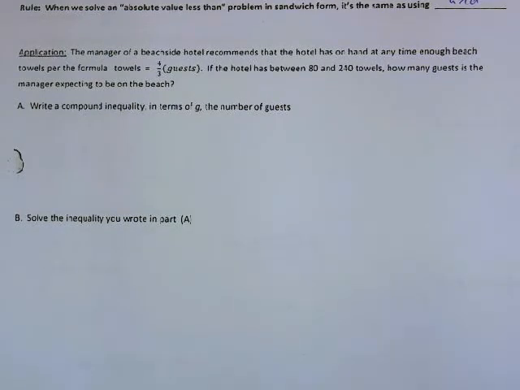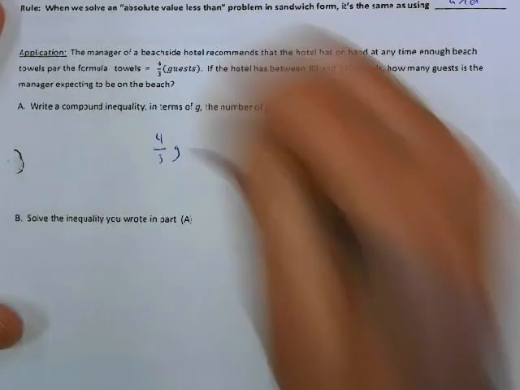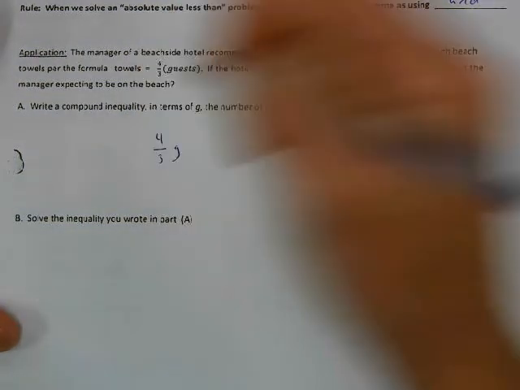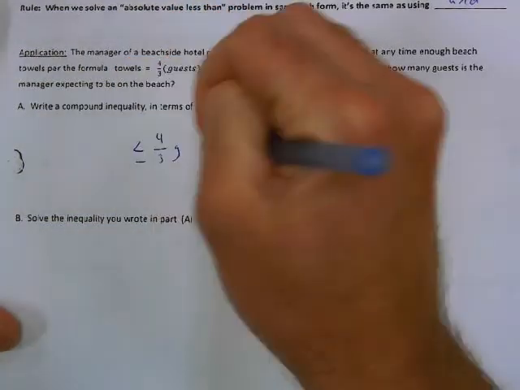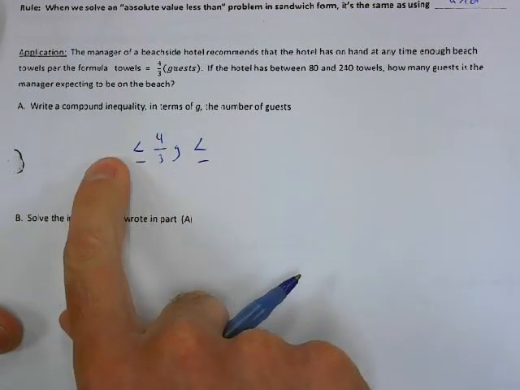All right. So what's our compound inequality going to look like? Well, how many guests do we have? We have 4/3 the guests as we do towels. So we want 4/3 G in there because again, we have 4/3 the number of guests. How are we going to write that in a compound inequality? Well, it's got to be less than or equal to some number and then greater than or equal to some number. And then obviously it's got to be greater than the smaller number of towels that they have.